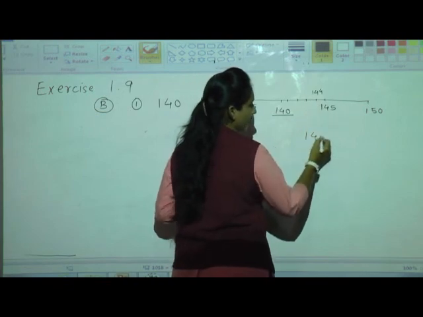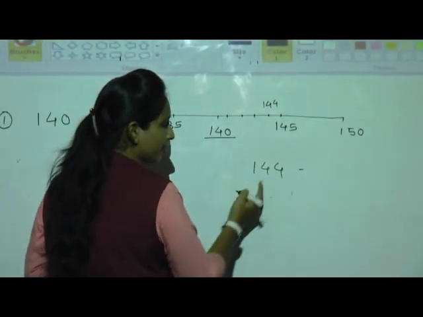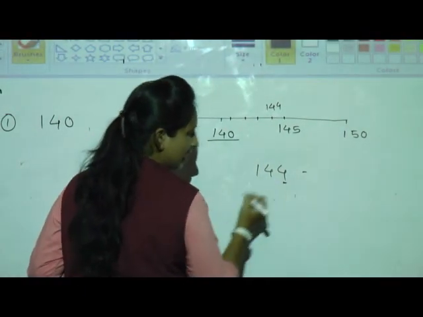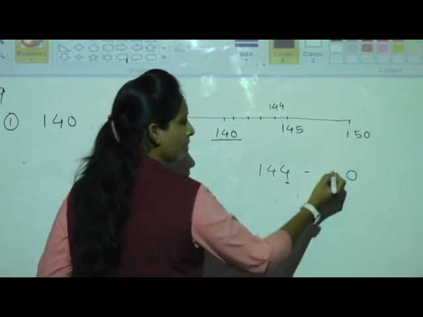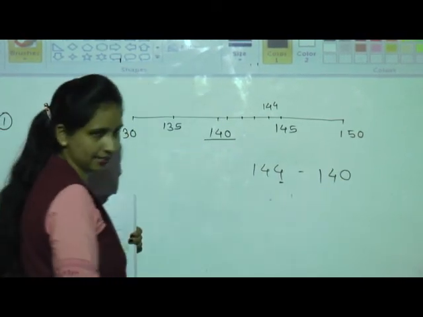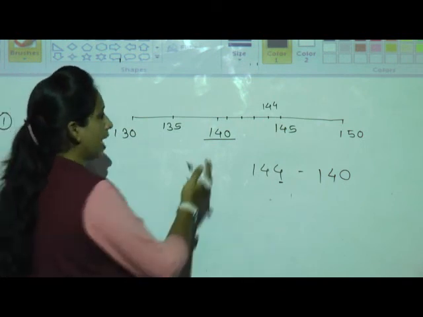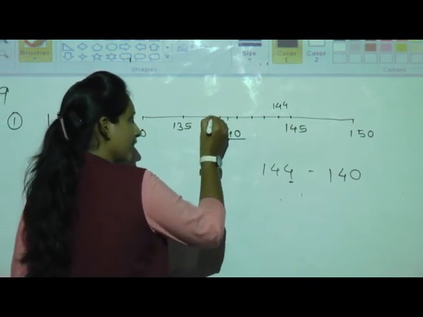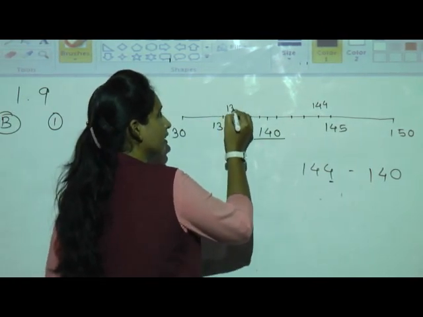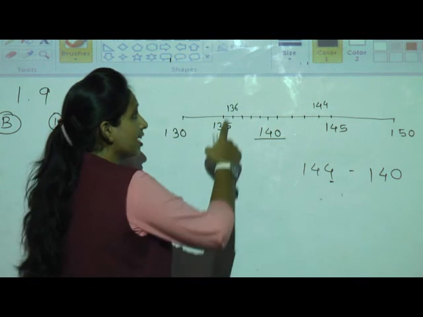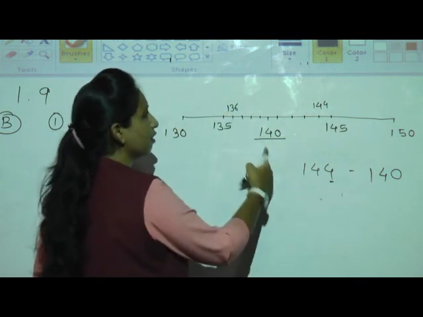Because if 144 is the question, the rounding of 144, what will happen? Place 0 at 1's place and write the remaining number without changing. See, where it is going? To 140 only. And here 139, 138, 137 and 136. Till 136 also the number goes to round to 140.